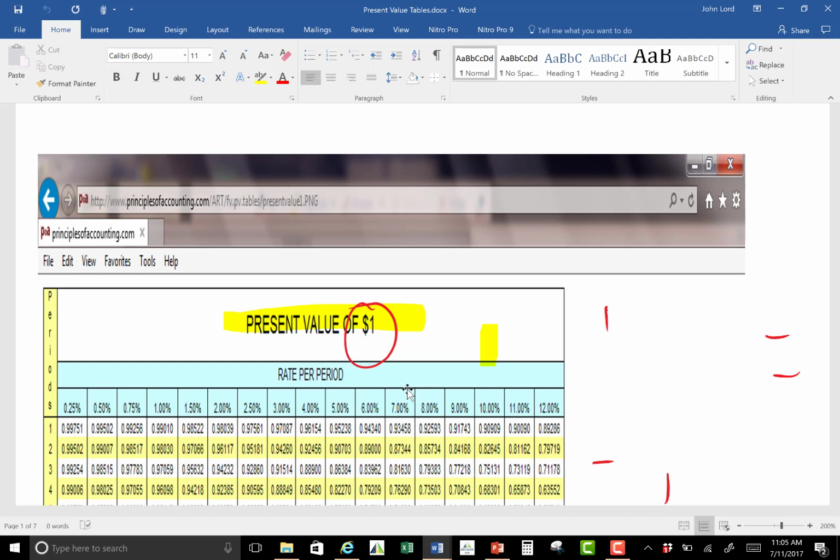So when you do that math right there, you get 0.385 and so on.